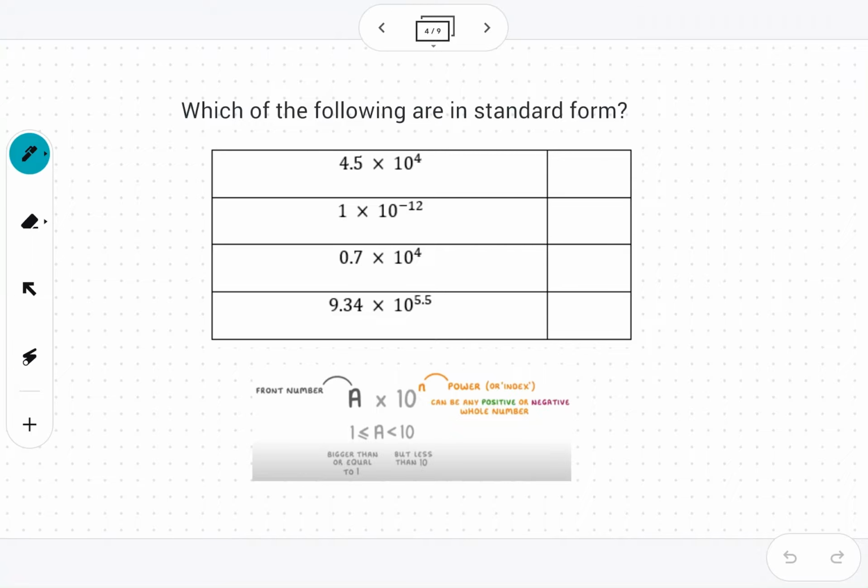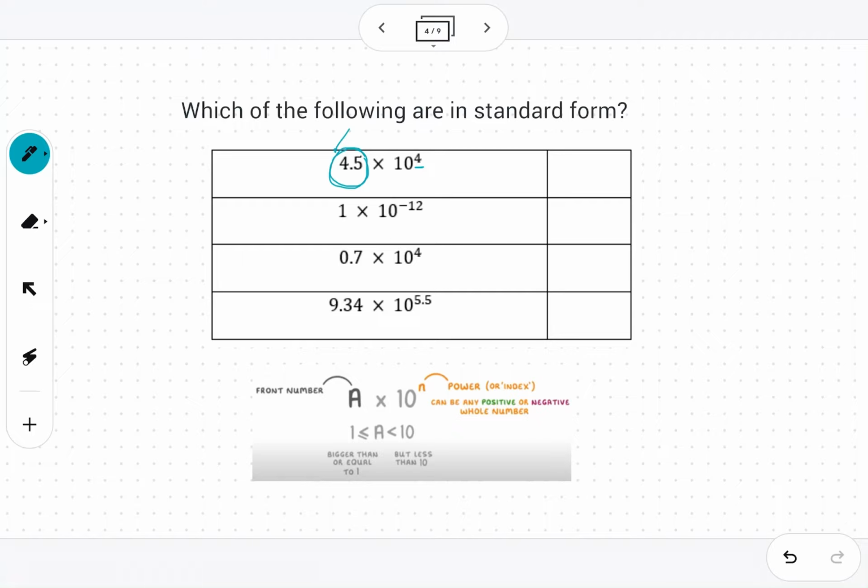Okay, so let's have a look. 4.5 times 10 power 4. So this is 4.5. It is between 1 and 10, and it can be a decimal. So this is okay. And the n here is 4, so it is a whole number.